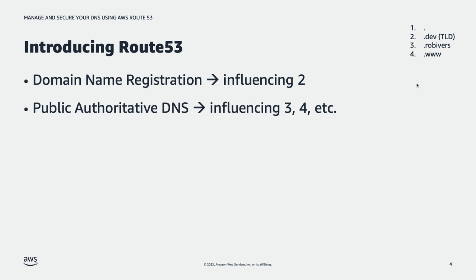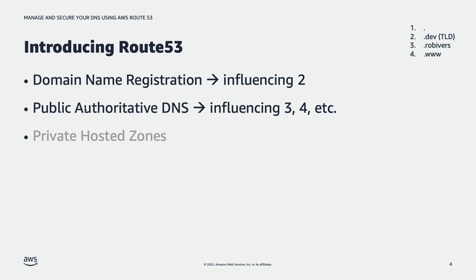So 3, 4, 5, we can build up a whole section of subdomain names, as we call them. So for example, if you go to your AWS console, you can see console.aws.amazon.com or something like that, right? So layer upon layer upon layer upon layer. So that's what we influence with public authoritative DNS, which is also a feature of Route 53.